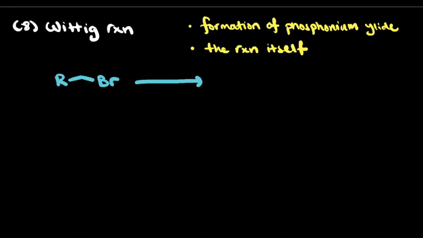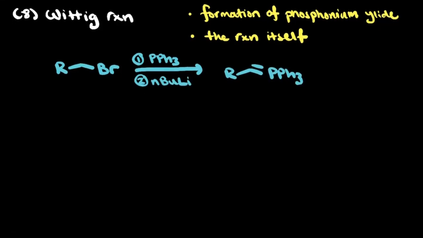The first is triphenylphosphine. The second step is n-butyl lithium, where the n represents the long chain of the butyl, so it's like a long constitutional isomer. Doing that will give you a phosphonium ylide that looks like this. As for the mechanism, for the first step, I should also note that this carbon over here should be primary always.